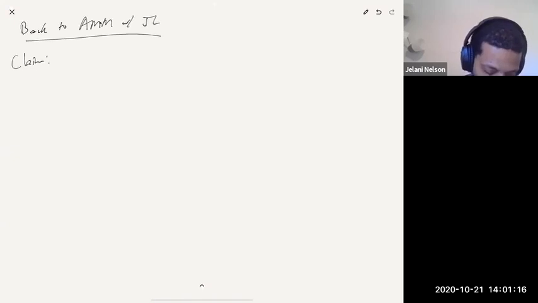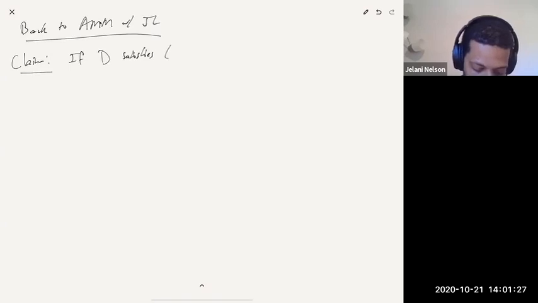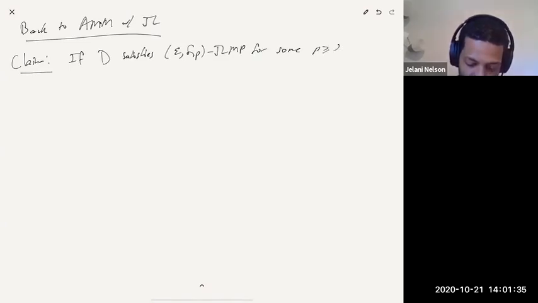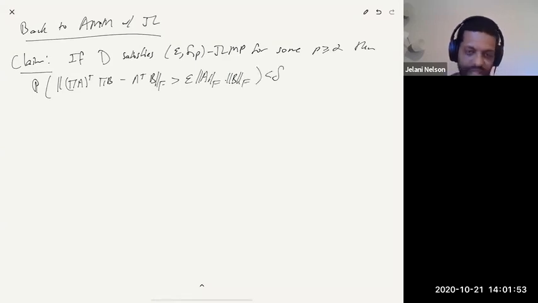The claim is, if the distribution D satisfies the, let's say, epsilon delta p JL moment property for some p which is at least 2, then the probability that I deviate in Frobenius norm from the true matrix product by more than epsilon times the Frobenius norm of A times the Frobenius norm of B is at most delta.